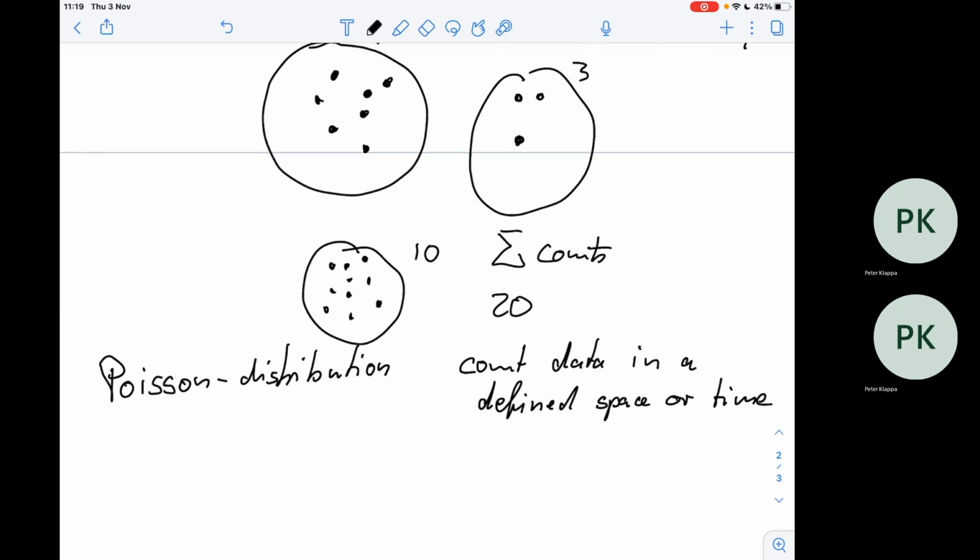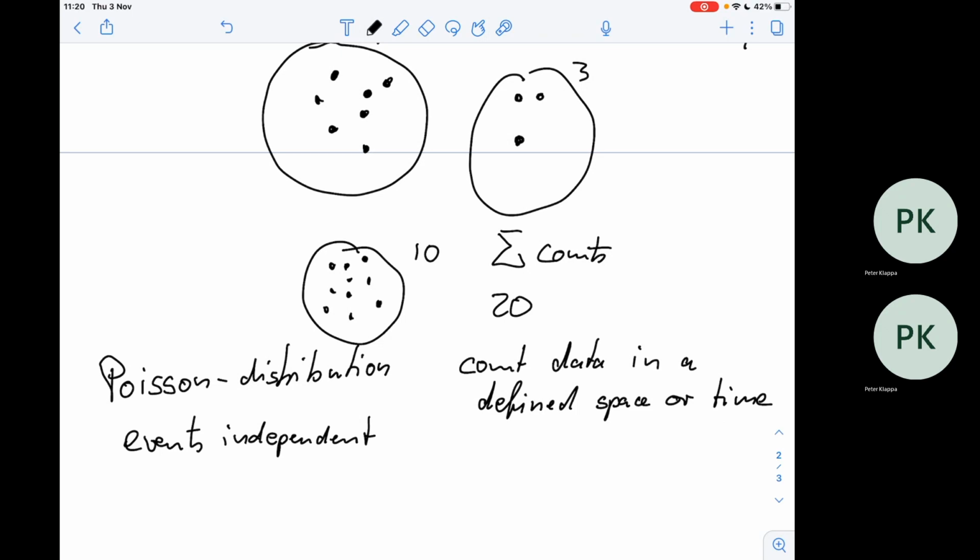And the restrictions are the events must be independent from each other. So a colony must be independent from the colony next to it.